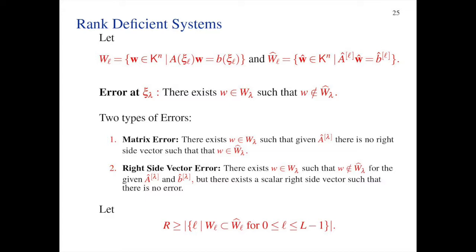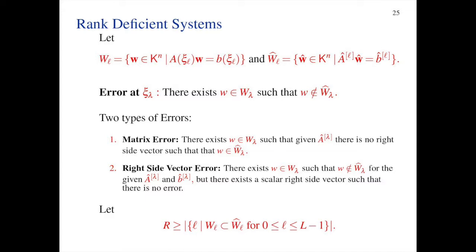And this can occur in two ways. It could be that given my A hat and B hat, there's a missing W, but no matter how I adjust B hat, there'll always be some W missing. That there's no right side vector. That's a matrix error.